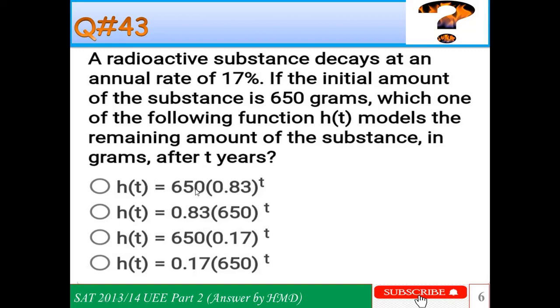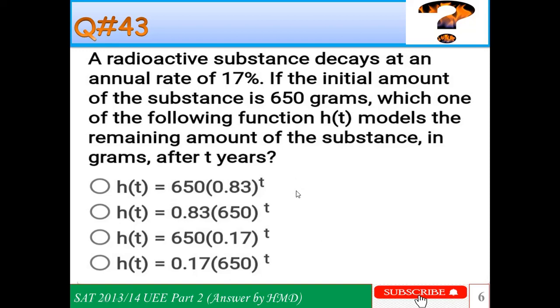A, h of t is equal to 650 times 0.83 to the power of t. B, h of t is equal to 0.83 times 650 to the power of t. C, h of t is equal to 650 times 0.17 to the power of t. D, h of t is equal to 0.17 times 650 to the power of t.